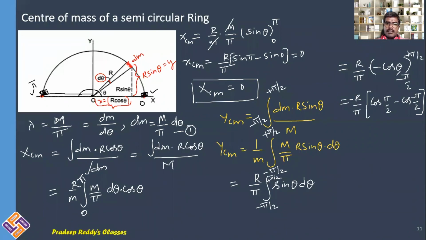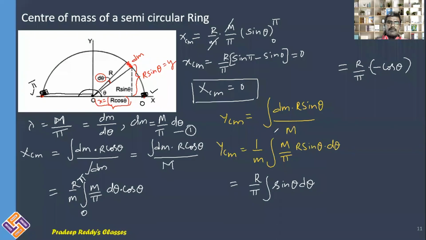The integration of sin theta is minus cos theta. This is equal to minus r by pi. Cos 90 will be 0, and this is also becoming 0. Of course, somewhere I have made a mistake.